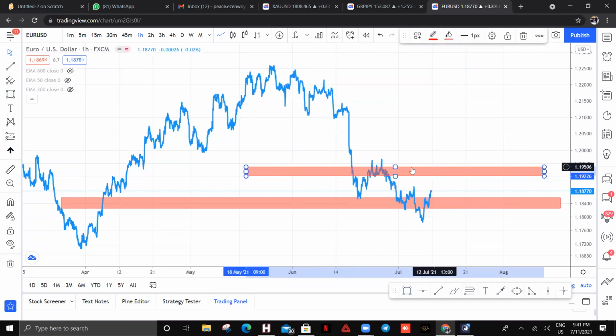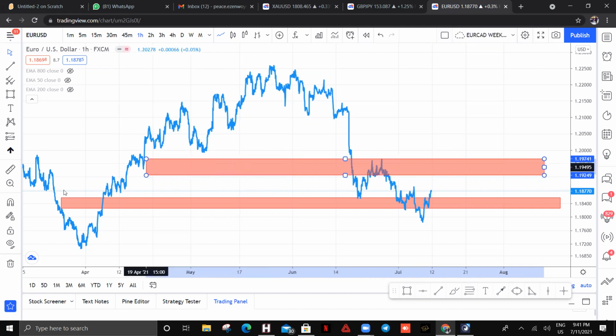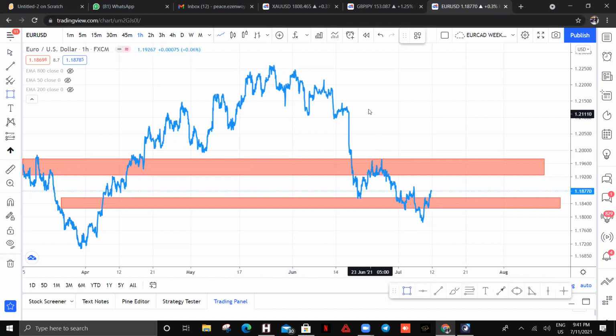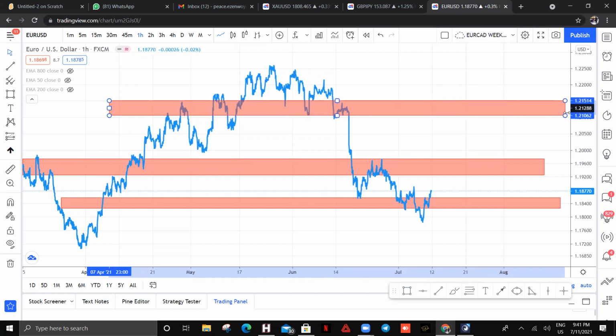And you draw your zone. This is the best way to identify support and resistance zone. Using your line chart, it will make it a whole lot easier for you.